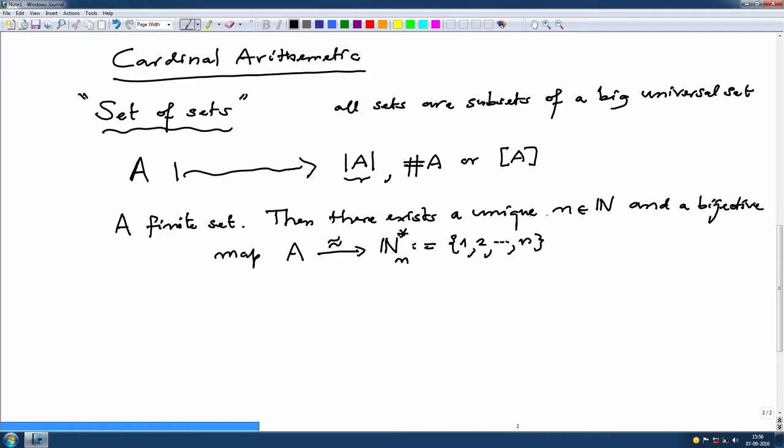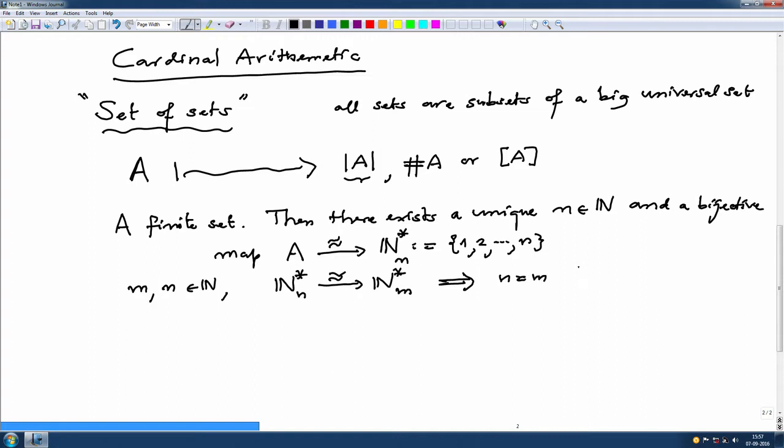Note that this needs a proof. To prove this, what one needs to note is that if we have two natural numbers m and n, and if you have a bijection from n star to m star, then we have to conclude n equals m.